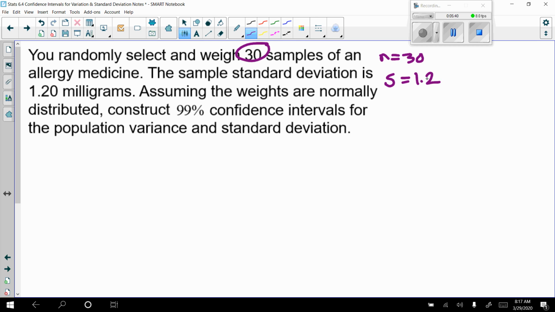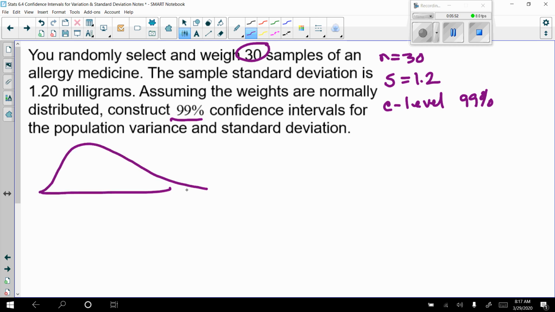We're supposed to construct a 99% confidence level, so our C level is 99%. We know that we're creating a confidence interval for the population variance and the standard deviation, so we need to use a chi-square.